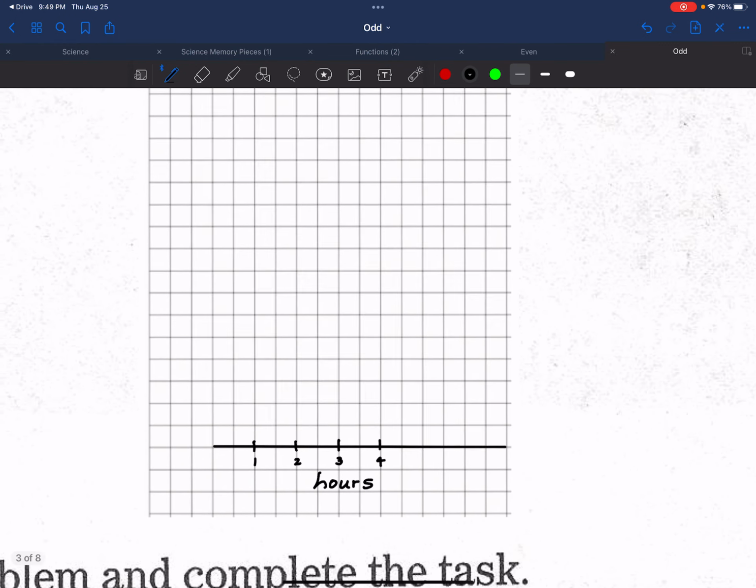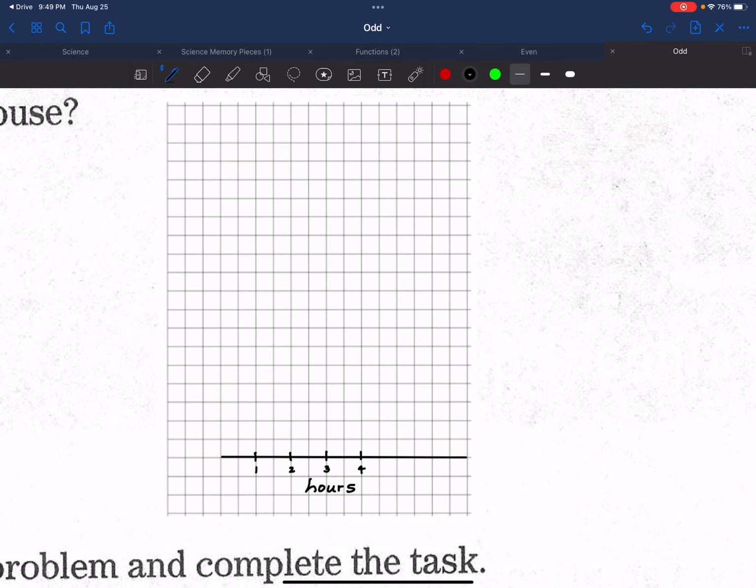But depending on how much she chooses to drive, she's going to cover some ground. She's going to cover some miles. That is the dependent variable. And this is a very common ratio of miles over hours.